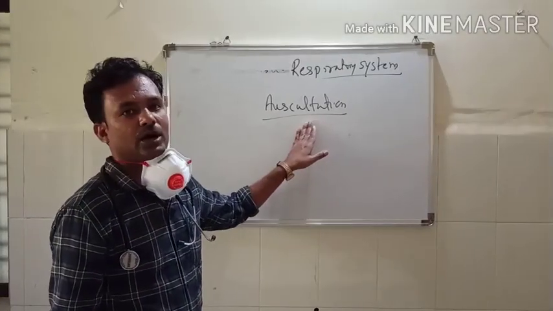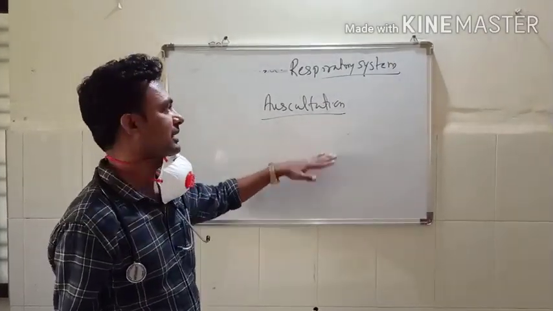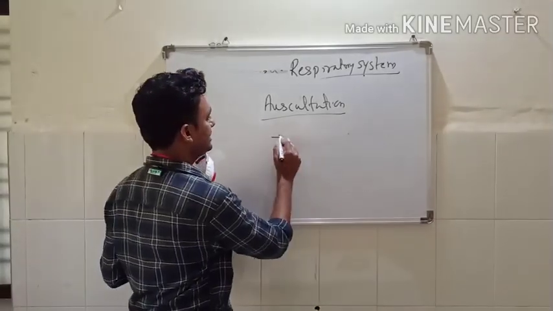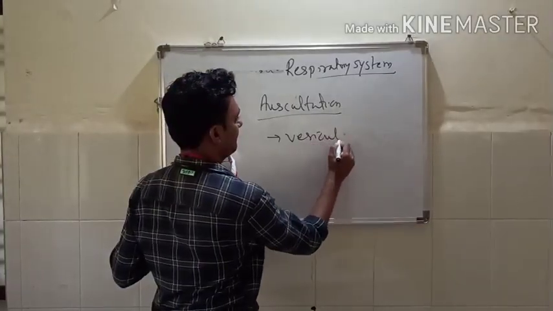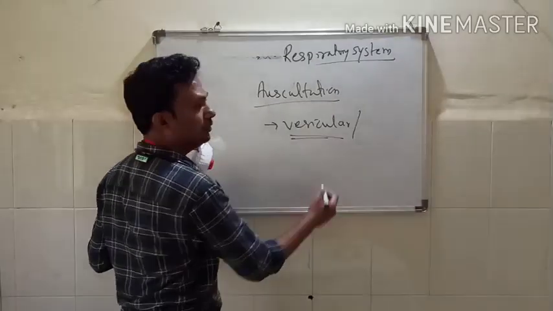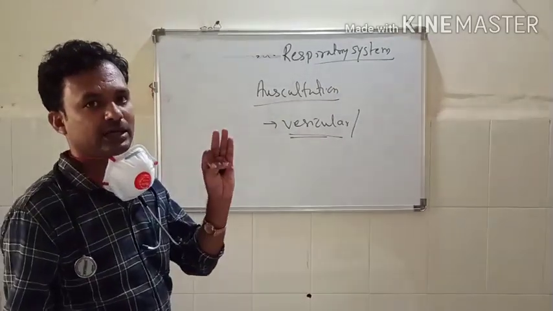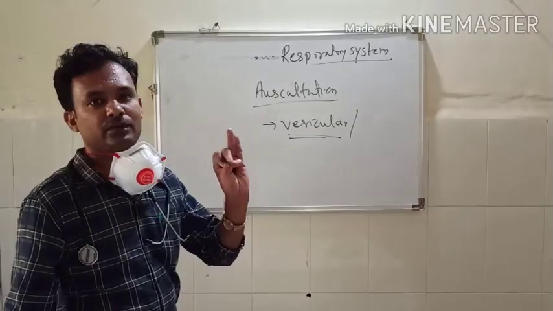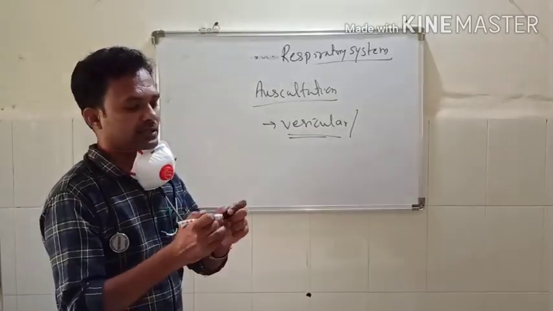Auscultation: you have to put a stethoscope in all the 9 areas and listen for the respiratory sound. Usually the respiratory sound is vesicular. You have to look for whether the sound is vesicular or bronchial, or any adventitious sounds like crepitations, rhonchi and wheezing.